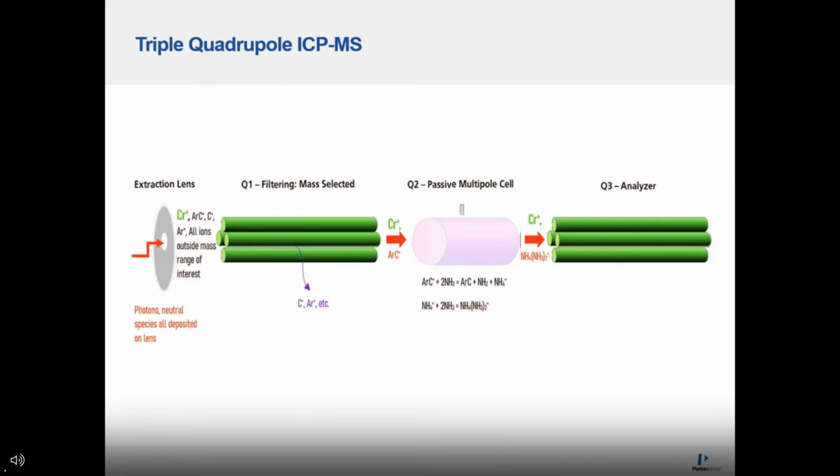To understand why this is so important, in the above example pure ammonia gas was added to the cell to remove argon-carbon interference from chromium at mass 52, as I explained earlier. Unfortunately, additional interference can form from the reaction's byproducts. In this case, the reactive ammonia gas forms clusters at mass 52, which will not be separated in the cell or the subsequent Q3 analyzer quadrupole.